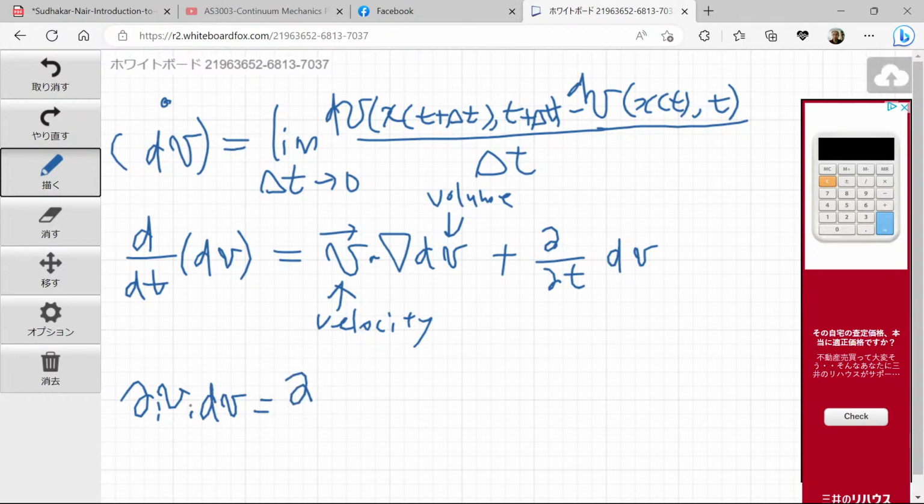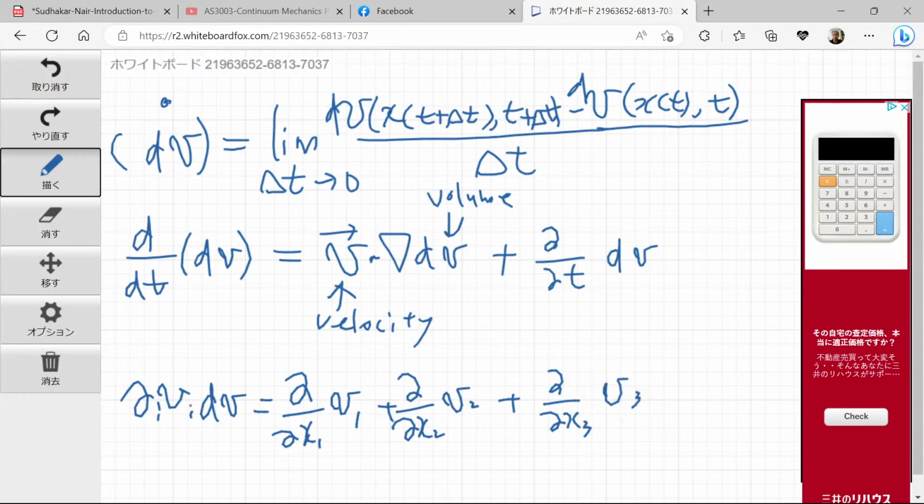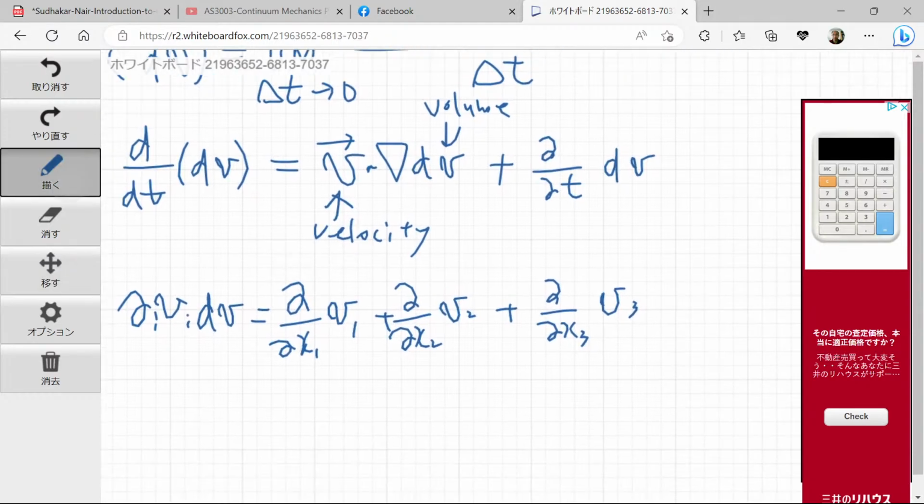This is partial x1 v1 plus partial x2 v2 plus partial x3 v3, right? Then we have this d.